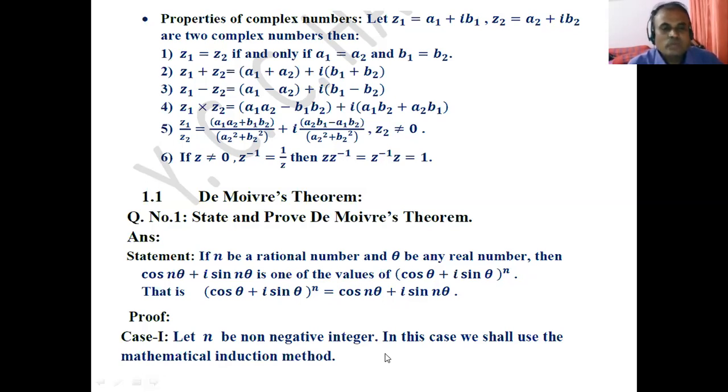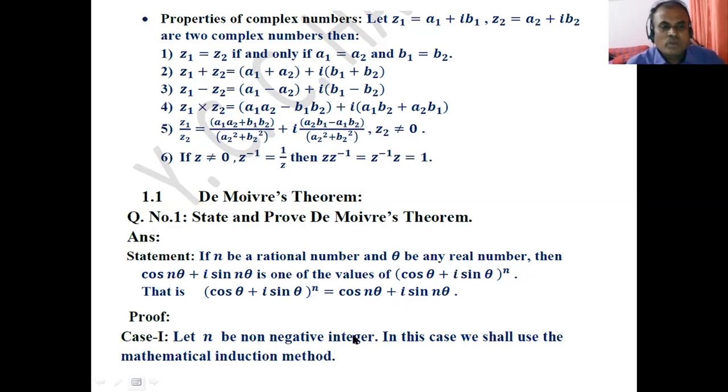Okay, now we start case first. Let n be a positive integer. In this case, we shall use the method of mathematical induction. This is the most important method we will use here.